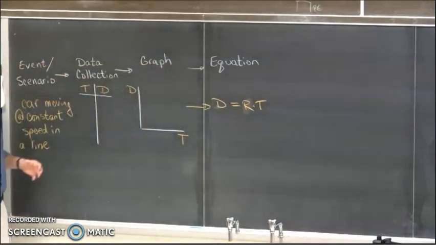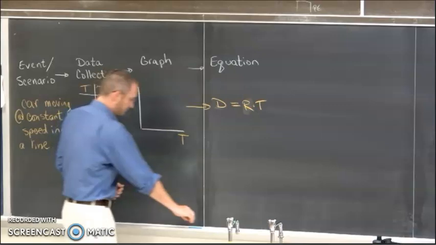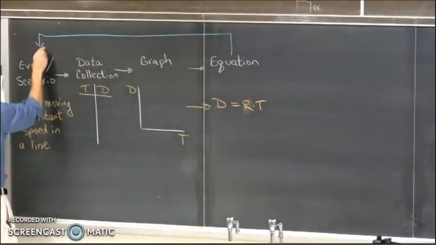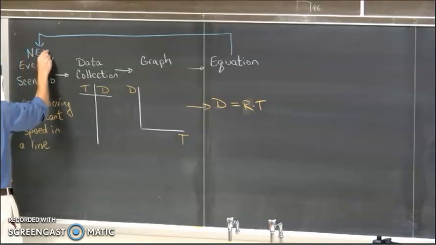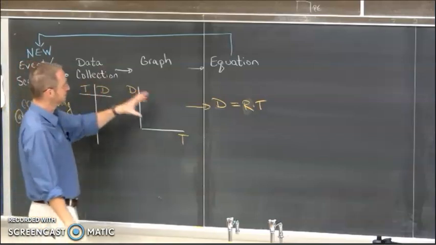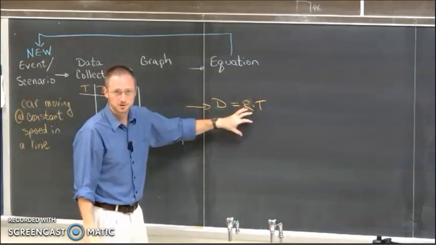And then we can look at a new scenario. We can go back through this and talk about a new event or scenario, and then new data collection, make a new graph, and see if we can make our equation better.